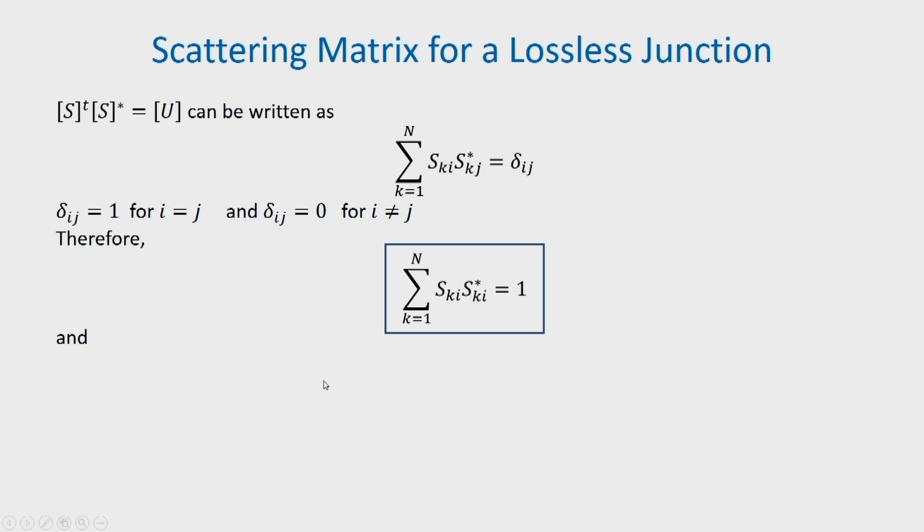And when i is not equal to j, that means the columns i and j are different, in that case, if we take the dot product of the ith and jth column, S k i and S k j conjugate, then this summation becomes 0.